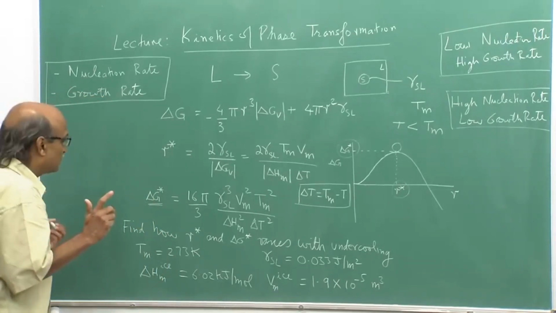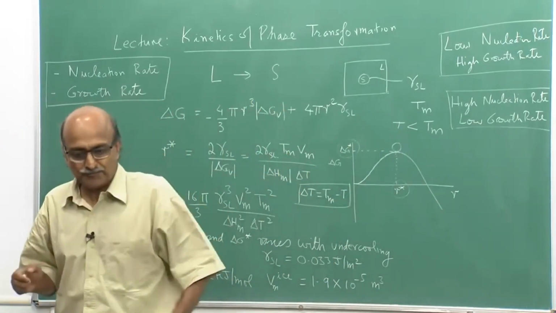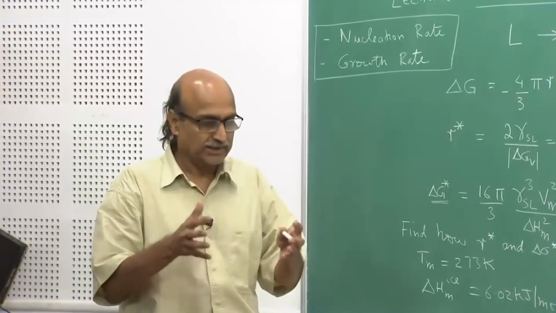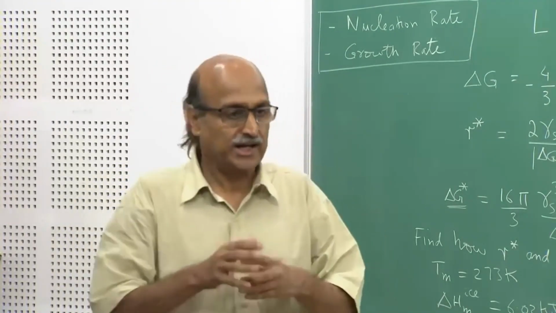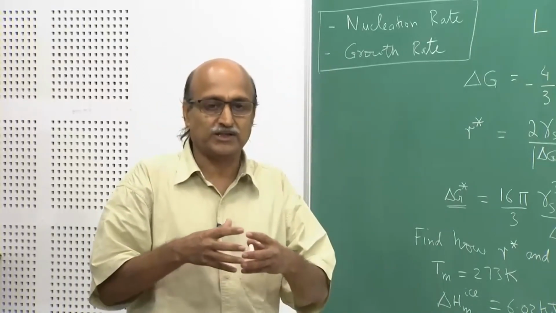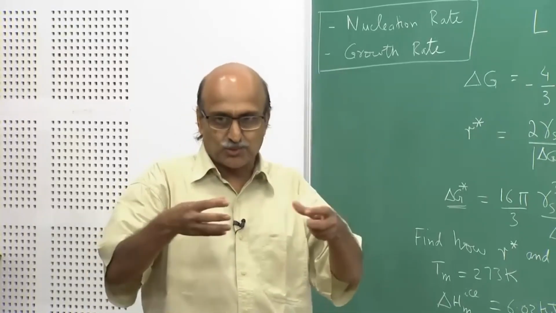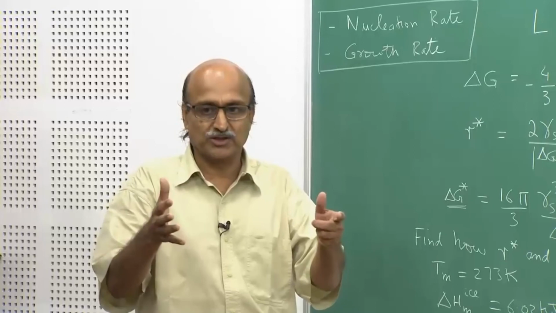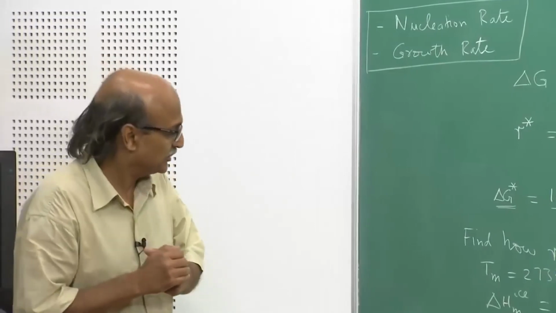Why should that be important? Well, it would be important from the point of view that if a critical size nucleus has to form, and if it has a certain size for a given temperature, then that size will have a given number of molecules that have to come together, and they have to come together in a manner so that they can form the crystal structure of ice. So that means they have to come together with the proper orientation and join with each other to produce the ice crystal structure, which is hexagonal in nature.